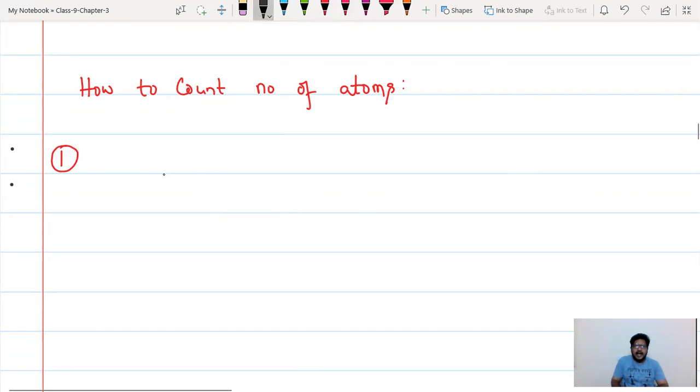When you have a single atom, for example H stands for hydrogen, O for oxygen, C for carbon, N for nitrogen, Fe for iron, something like that. If you find an atom and you don't have any number here or here, that place is known as subscript.